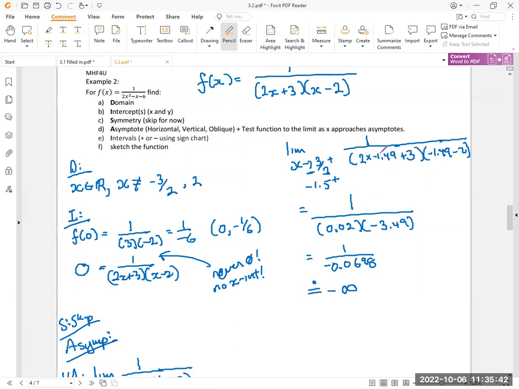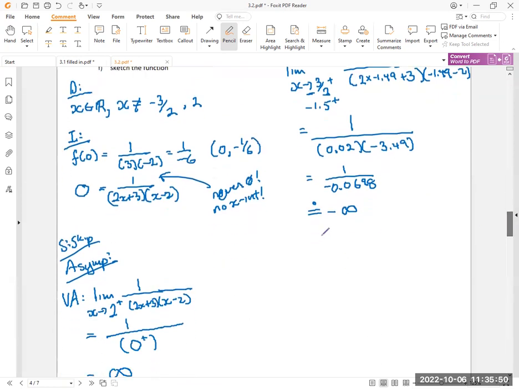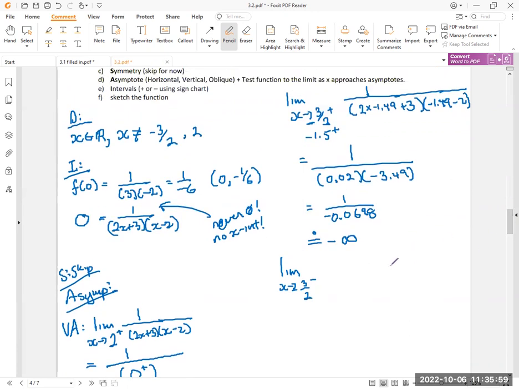If this was like negative 1.4999999, and this was negative 1.4999999, this would basically turn into that. So we've got limit of x approaching negative 3 over 2, but from the smaller side, we have 1 over 2 times, so it's going to be a bigger negative.